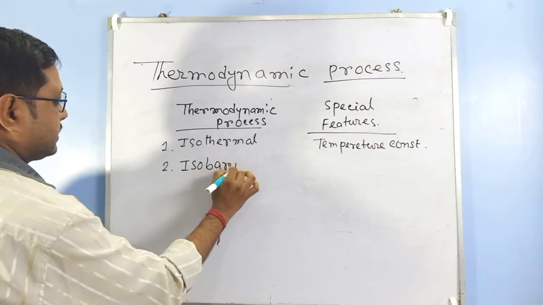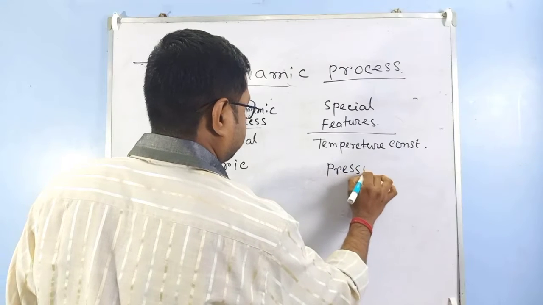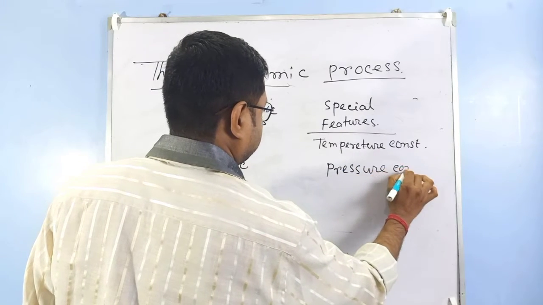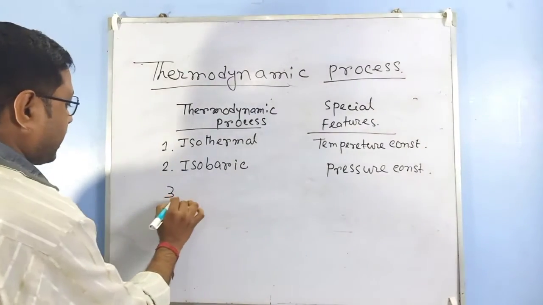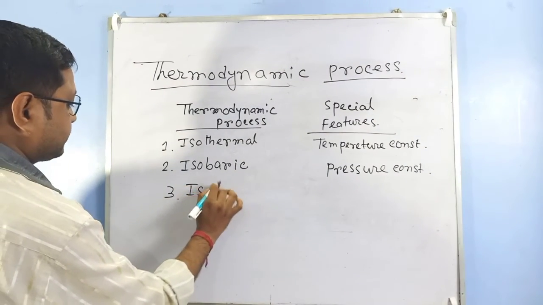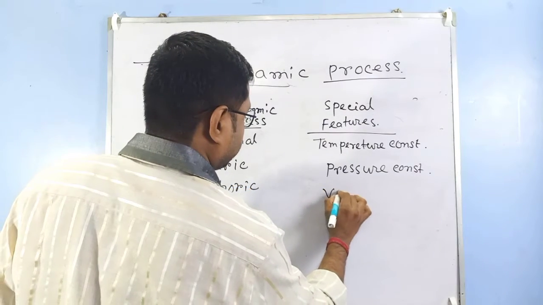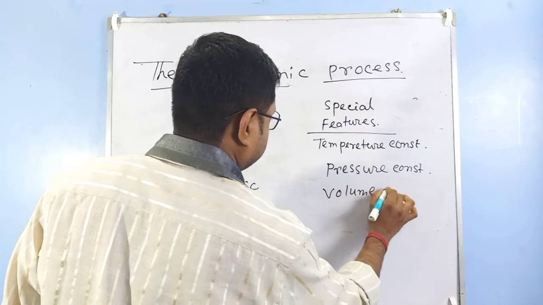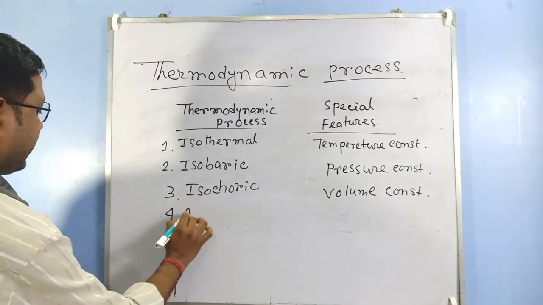Number 3, isochoric process. Volume constant. And number 4 is adiabatic process.